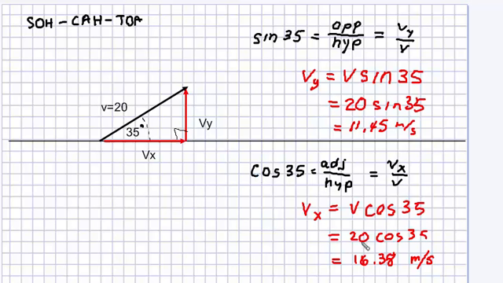That's 20 cos 35, and that works out to 16.38 meters per second. So the x part of the velocity is 16.38 meters per second.